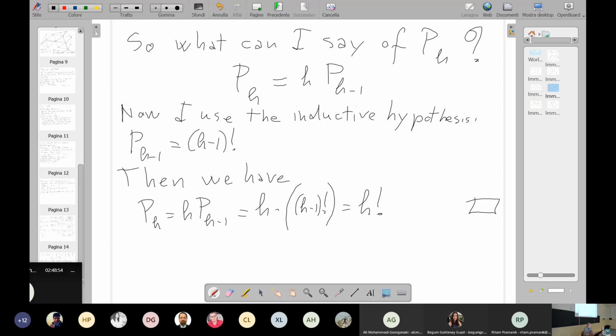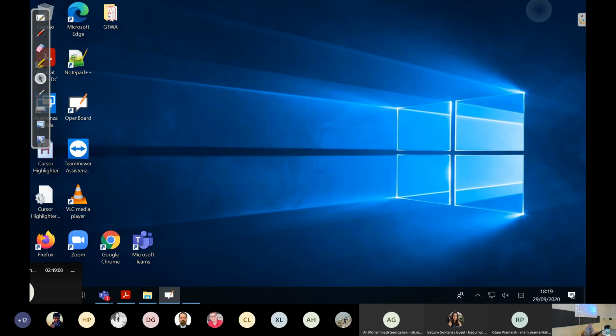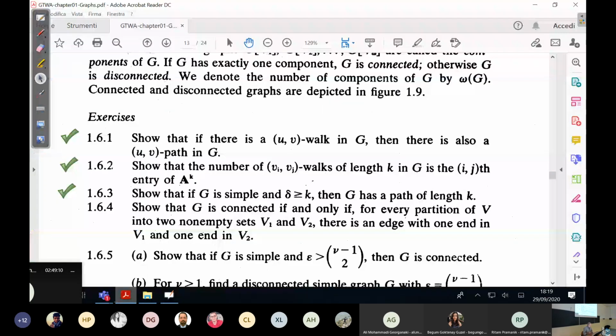Okay? This is the typical proof by induction. So let's now see, sorry, the time. Okay, we have time to face at least this: if G is simple, small delta greater than or equal to k, then G has a path of length k.